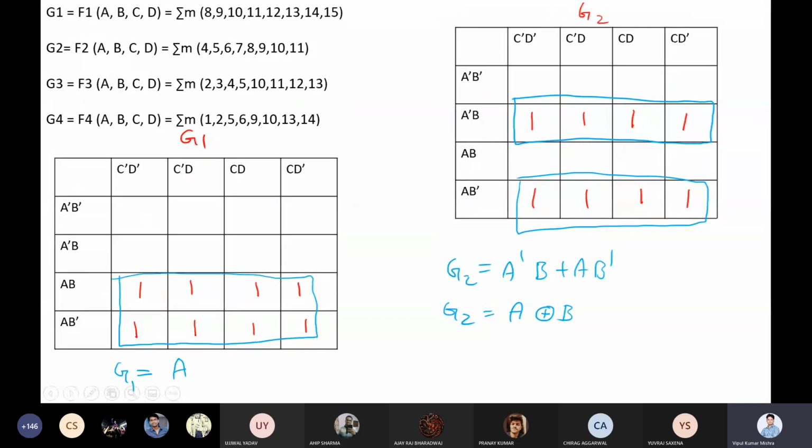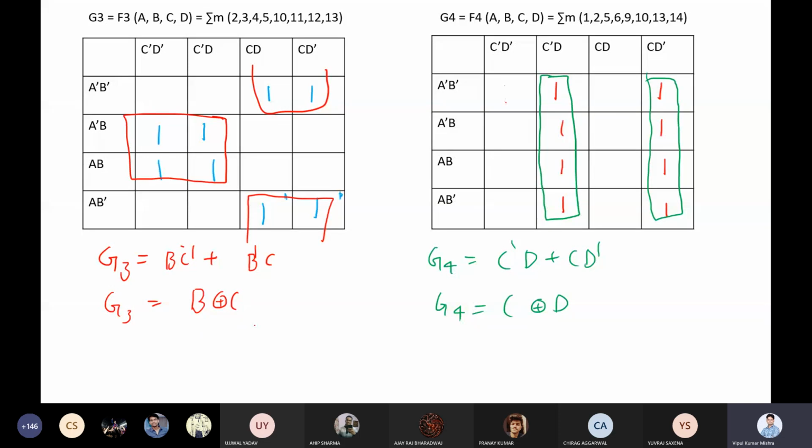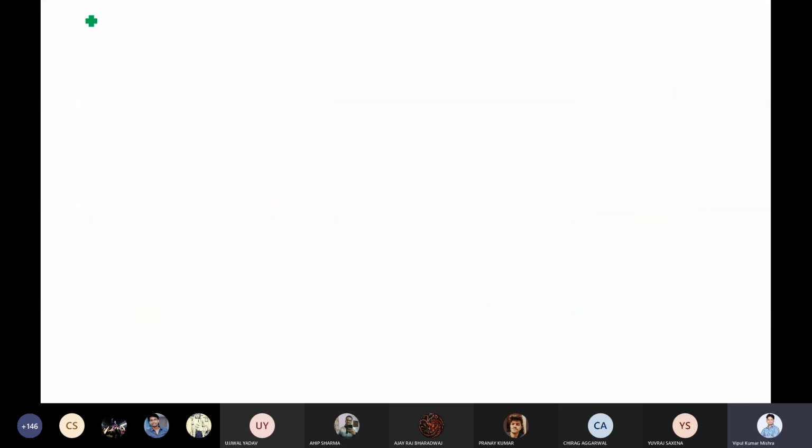So G1 is A, then A XOR B, B XOR C, C XOR D. So let me write it here: G1 is equal to A, G2 is equal to A XOR B, G3 is equal to B XOR C, and G4 is equal to C XOR D.